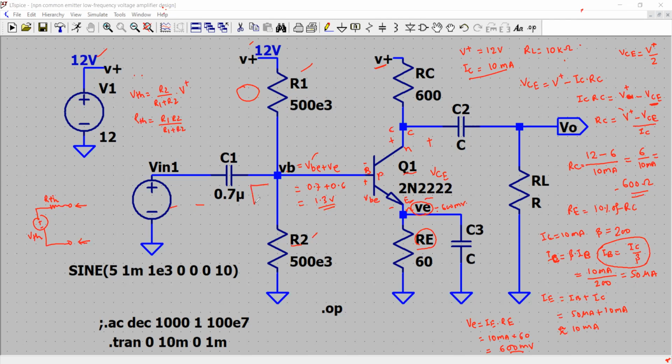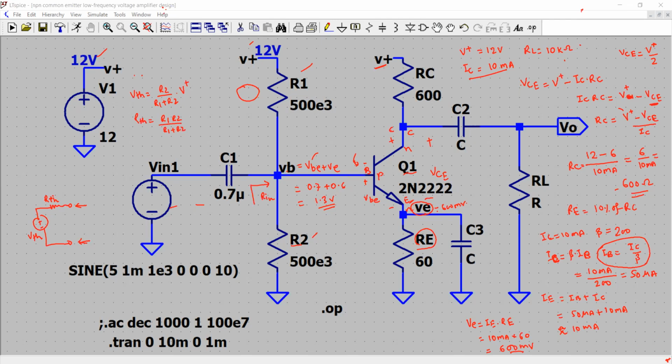Now, there is a resistance that you need to calculate, which is Rin. That is the input resistance looking into the base of the transistor. This is the base, remember, and you are looking into the base. So you need to calculate that resistance.